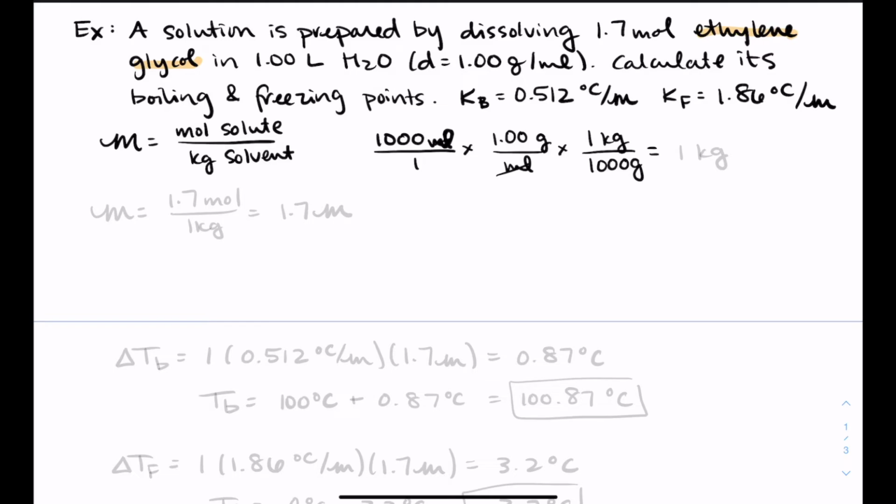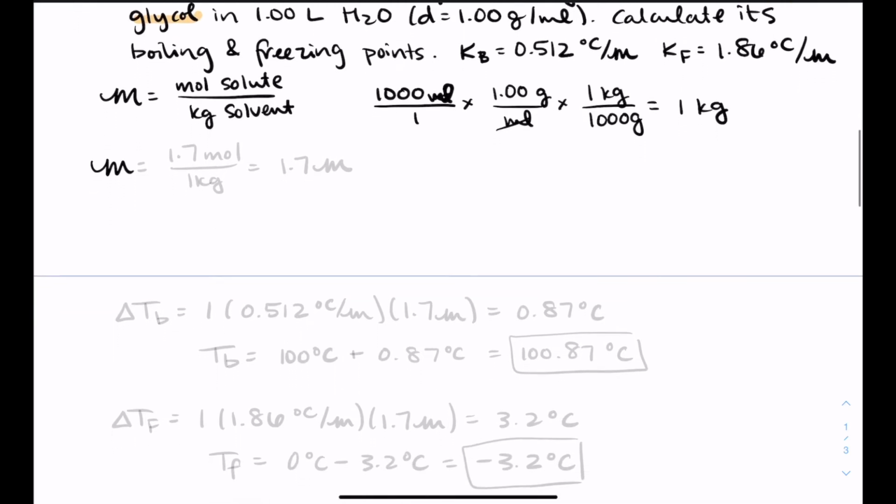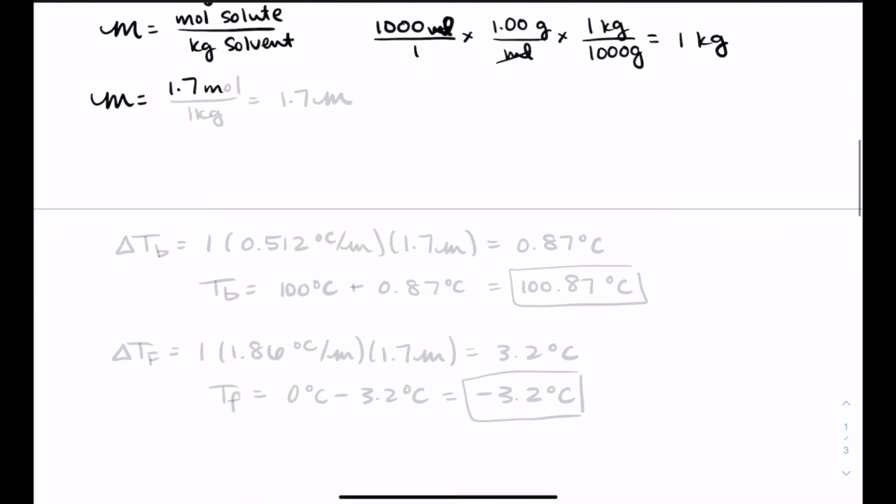So 1 liter is 1,000 mL. If I convert that to grams, that's 1,000 grams. And if I convert 1,000 grams to kilograms, that's 1 kilogram. So I have 1 kilogram of solvent, 1.7 moles of the solute. So this is a 1.7 molality solution.